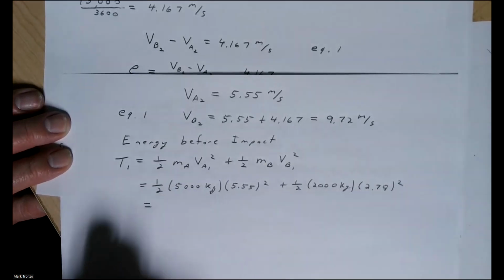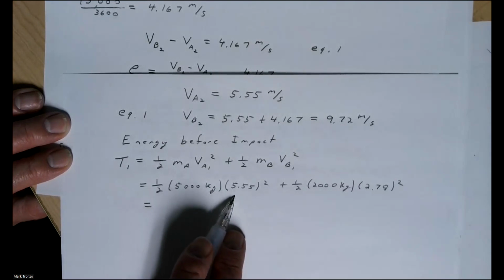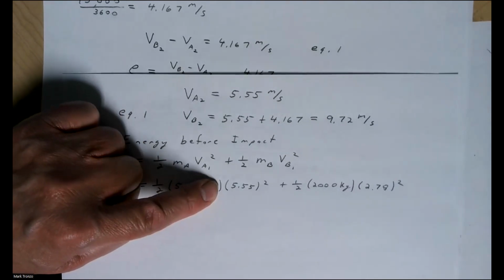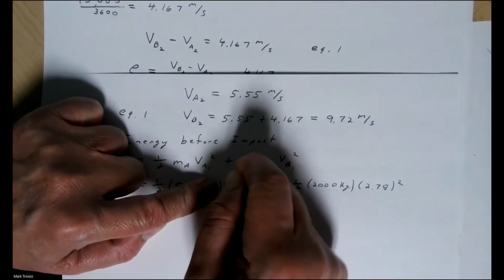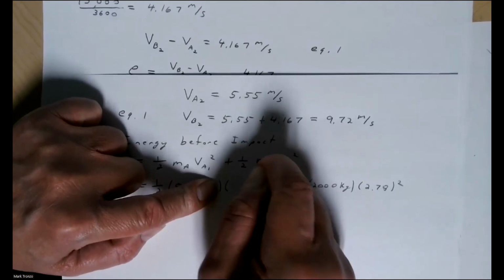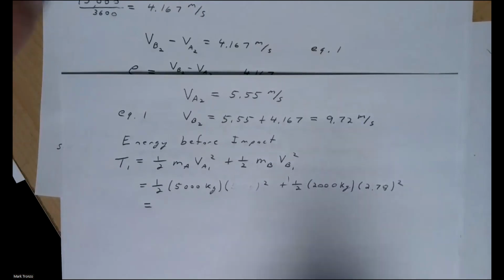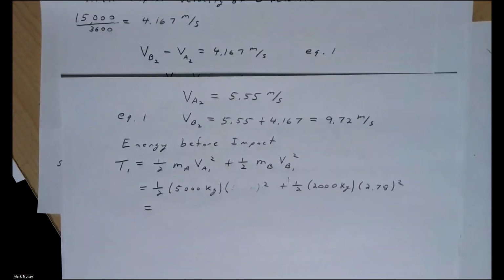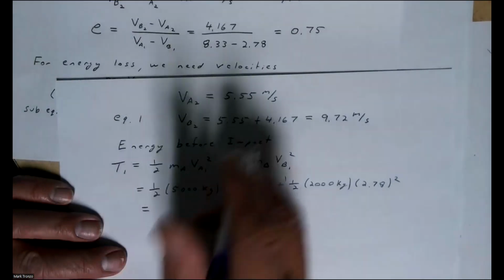If you put all this in your calculator, oh, I think I made a mistake here. Please fix this. This was VA1, this should have been before impact, so this should have been 8.33.